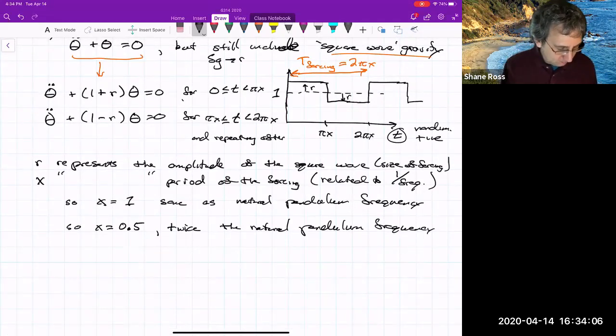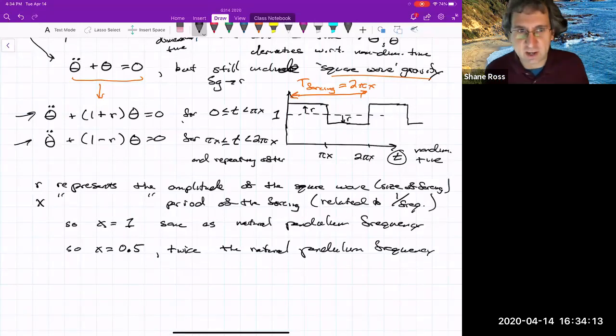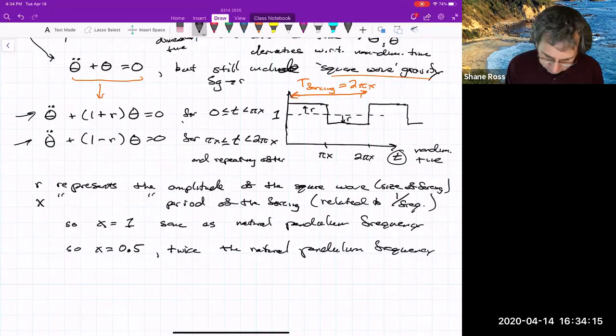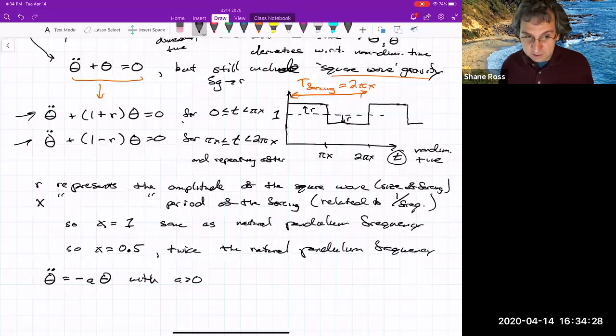Okay. Well, we know, at least for each of these individual regimes, how to solve for theta. Each of these is of the form theta double dot equals -a theta with a greater than 0. And that's like the easiest second order ODE to solve.